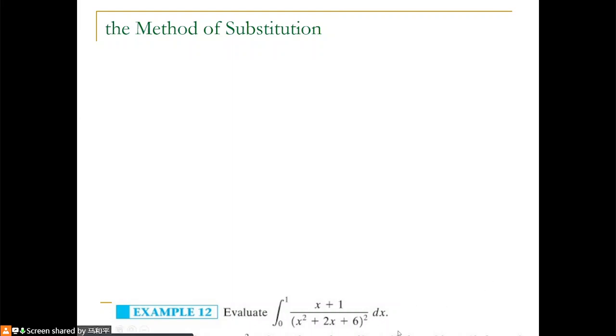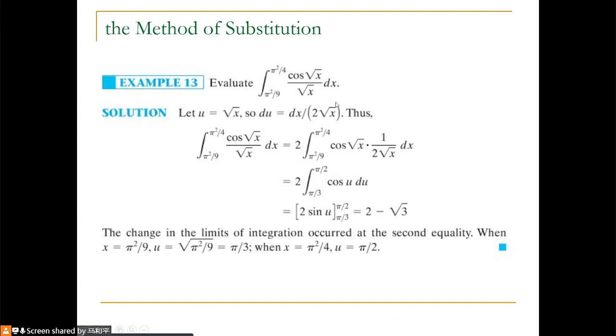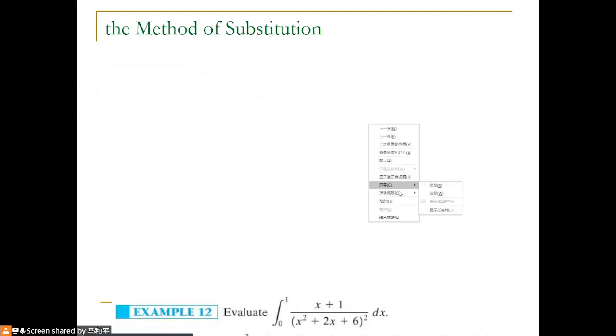Here this is x plus 1 in the numerator, and this is x squared plus 2x plus 6 in the denominator, under the square root.